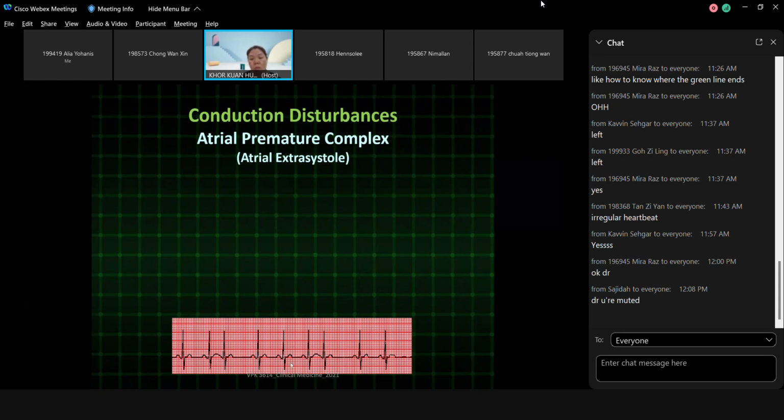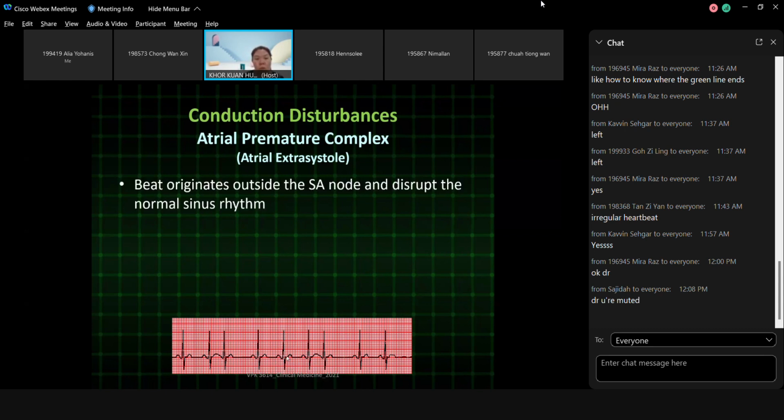So all these three traces are normal. Depolarization is about to finish, and the P decided to say, hey, work. P, QRST. Okay, you can see them merge in, they come up too early. So that's what you call atrial premature complex. They come up very early. So the beat originates outside the SA node and disrupts the normal sinus rhythm.